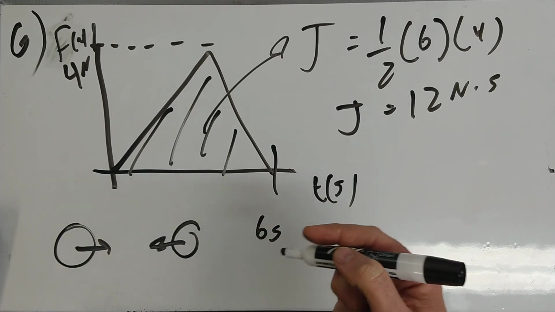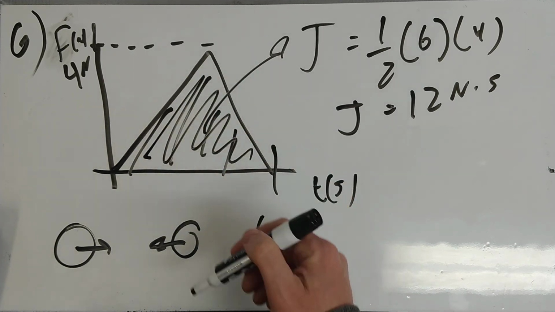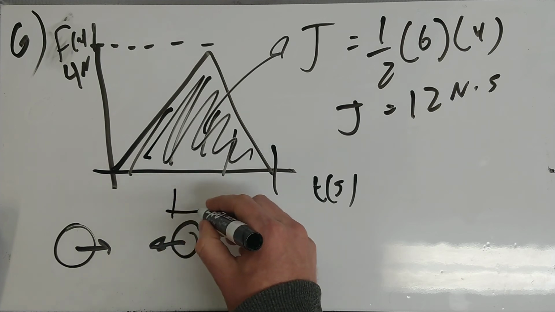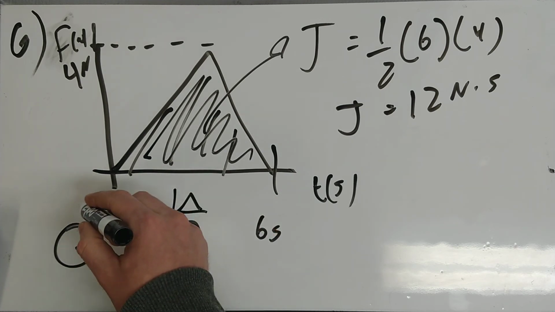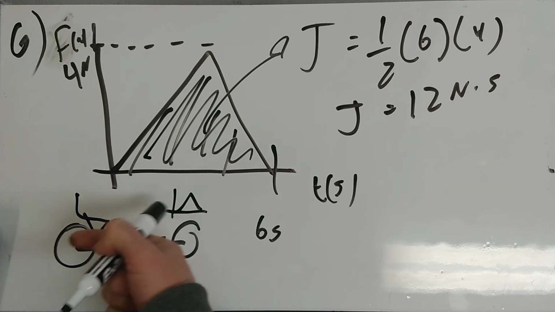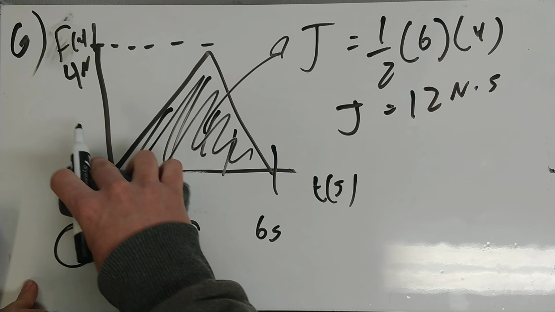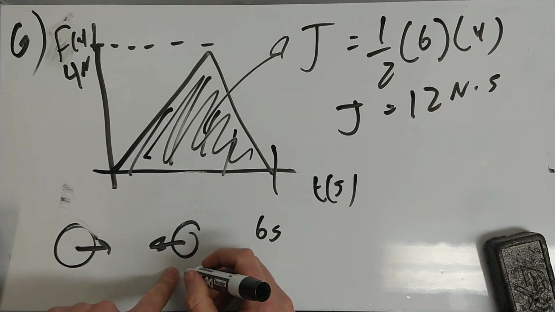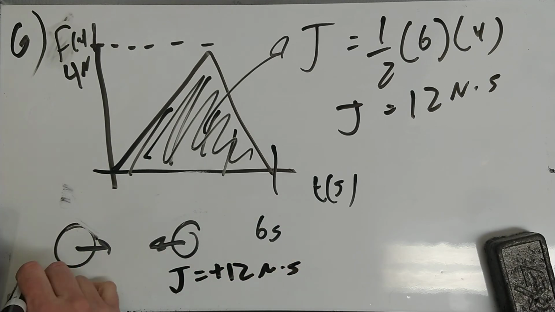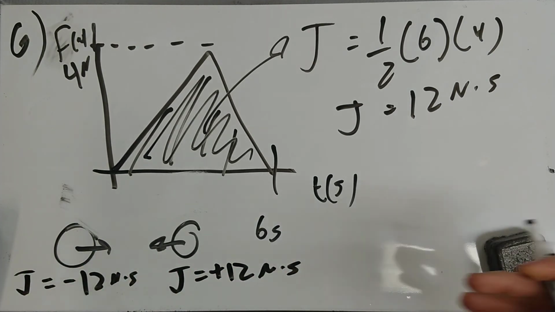They both experience this force, but the graph for the one on the right is positive, and for the one on the left the force is in the negative direction, because it's pushing to the left. They're equal magnitude, opposite directions. So this ball's impulse is going to be positive 12 newton seconds, and this one's impulse is going to be negative 12 newton seconds in that collision.